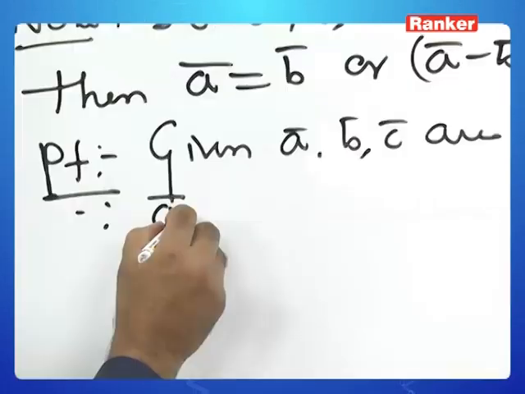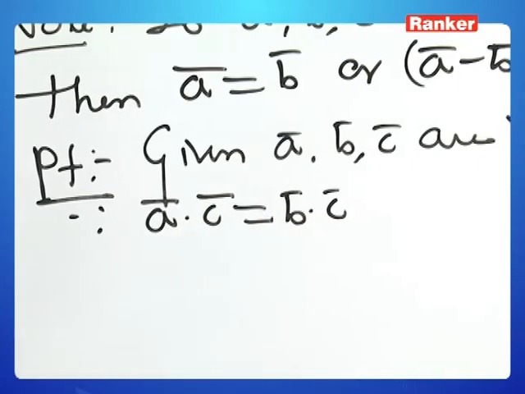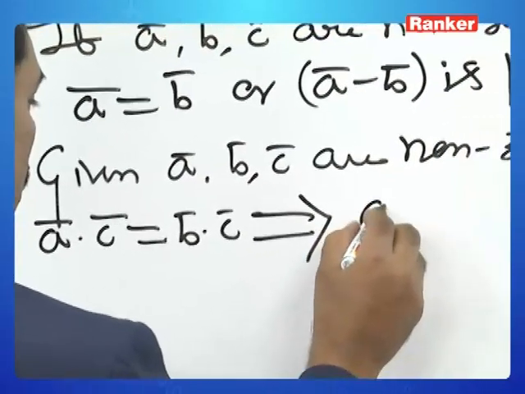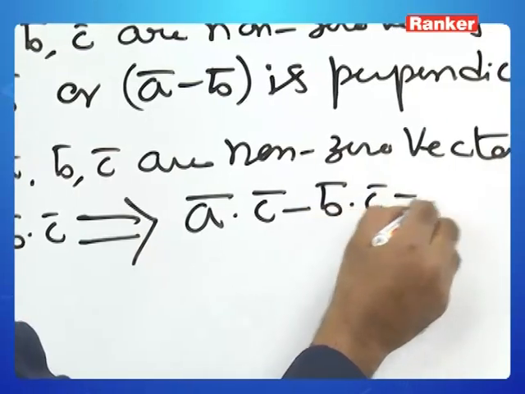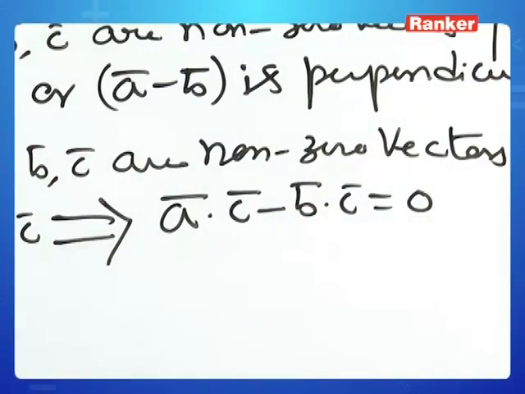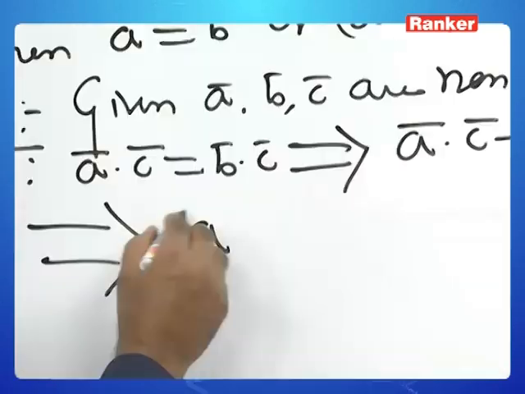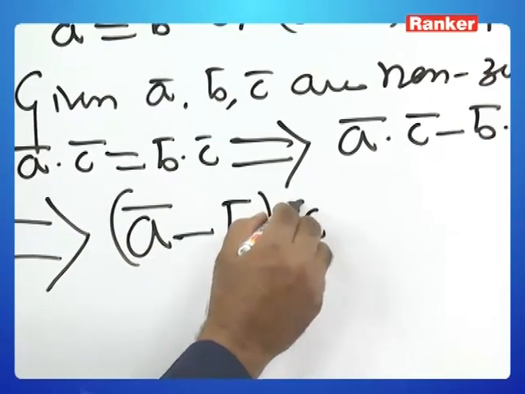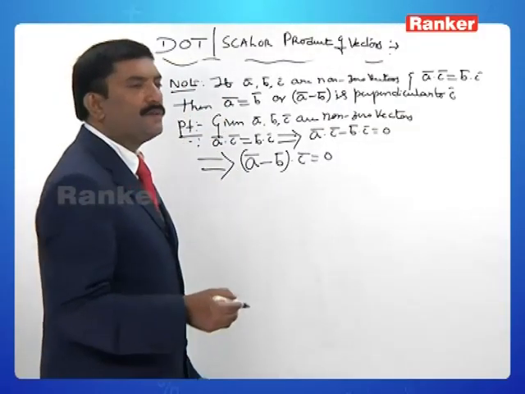Since A bar dot C bar is equal to B bar dot C bar, which implies A dot C minus B dot C is equal to 0, which implies A bar minus B bar dot C bar is equal to 0.